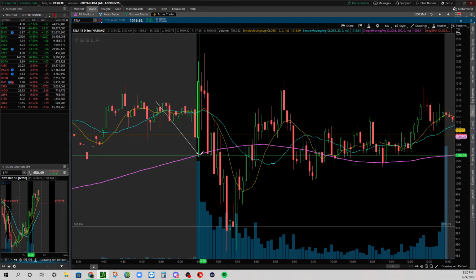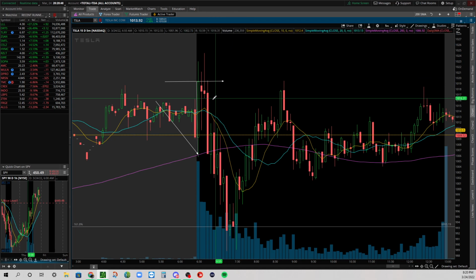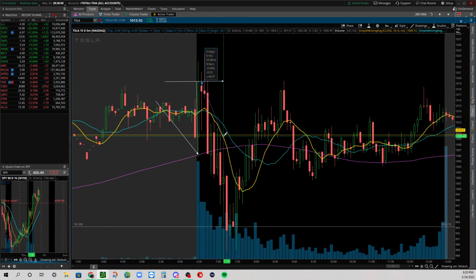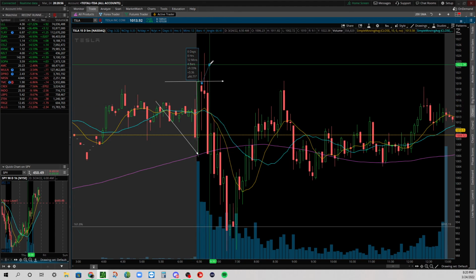As you can see, it actually did dip there, and then it shot up, because it's a green candle, and it closed up here before it sold off. So in this case, you're probably thinking this is a long now because it's above the 10 and 20 and could keep going.